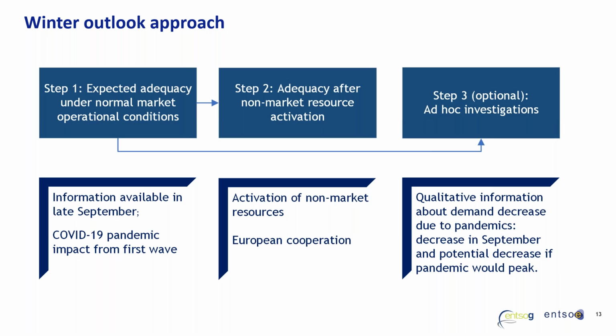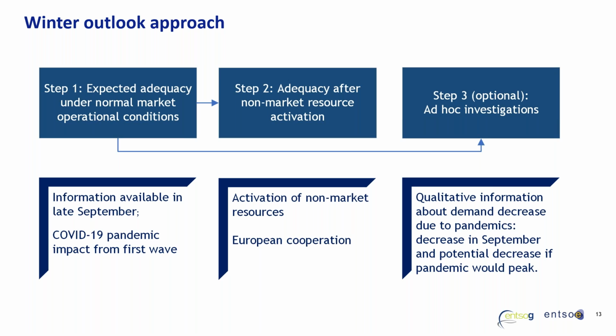As an example, for this winter outlook, we gathered the information in late September, mainly because this is our limitation of adequacy assessment, during which we can perform the assessment and deliver a report for everyone.